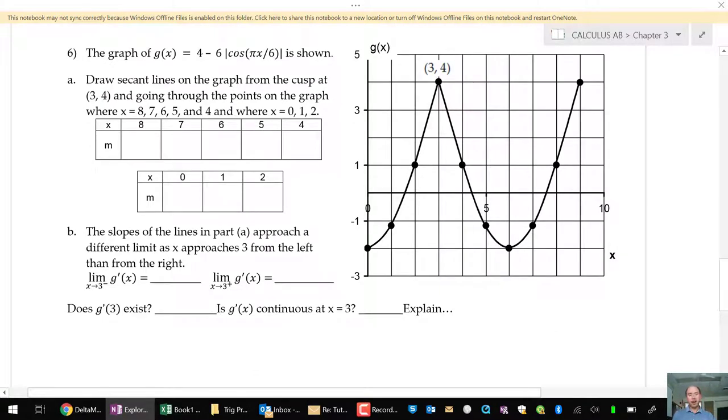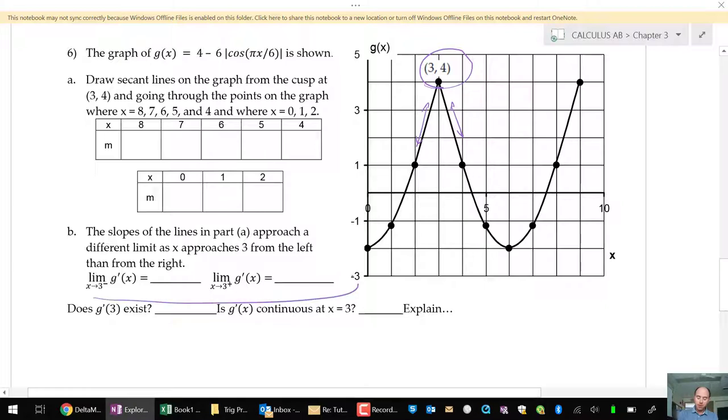One word of caution, be careful with corners or cusps, C-U-S-P, on graphs. Notice the tangent lines here. If I were to draw a tangent on this function from either side, look at the limits here. As I approach 3, where I have a cusp or a corner, from the left, the derivative appears to have a very positive slope. But as I approach from the right, the derivative appears to have a very negative slope.